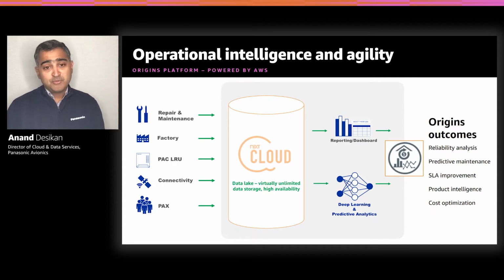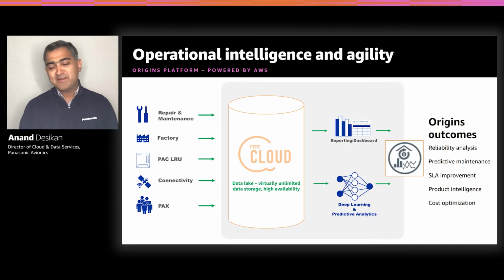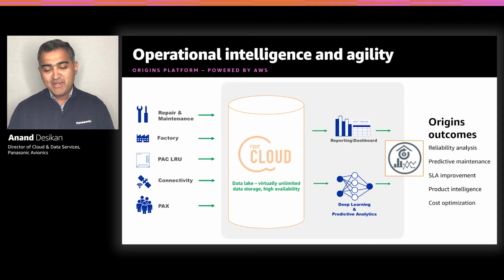It also provided a roadmap from Amazon QuickSight with a lot of ML capability coming into QuickSight without us having to do a lot of groundwork on our end. Some of the outcomes we were driving for, as I mentioned, were reliability analysis, predictive maintenance, SLA improvement, product intelligence, and cost optimization.